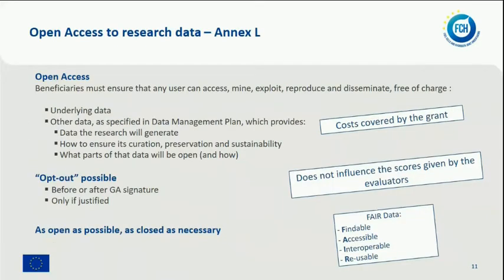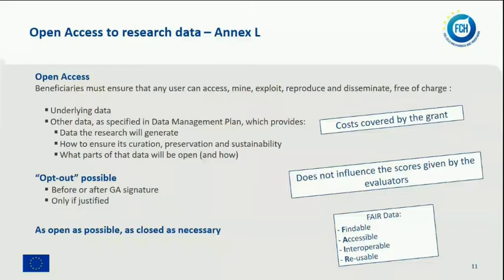Last annex, open access to research data, because you will eventually get public money, taxpayer money. You must make sure that the data generated by the project will be accessible to third parties to replicate, exploit, and reproduce your experiments, and any other data that you feel could be made available to the public.